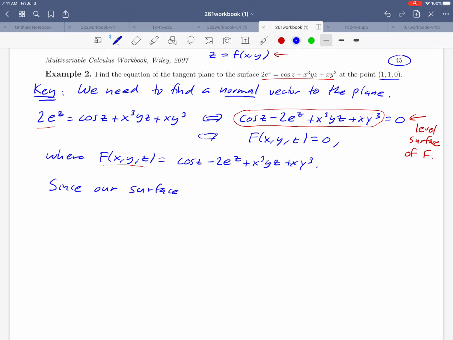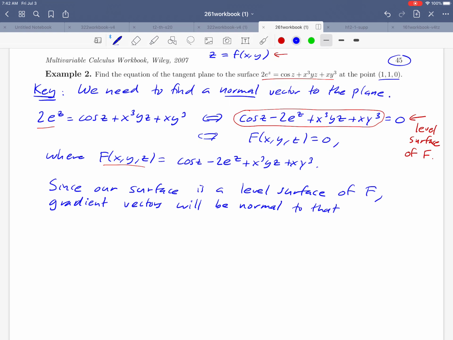Since our given surface is a level surface, gradient vectors will be normal to that surface. Okay, that's the key fact. That's kind of where this solution is leading that we're writing here. All right, so let's calculate the gradient.